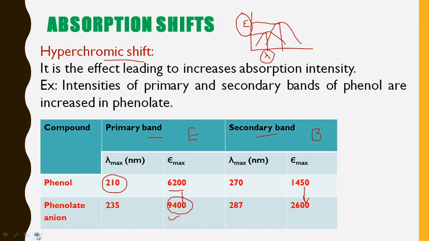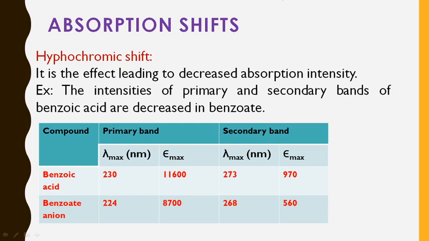Next one is hypochromic shift. This is the effect which leads to a decrease in the absorption intensity. If the absorption intensity decreases, then we call the shift a hypochromic shift. Opposite to the earlier slide, suppose the compound exhibits a curve like this initially and after the reaction you have a curve like this.